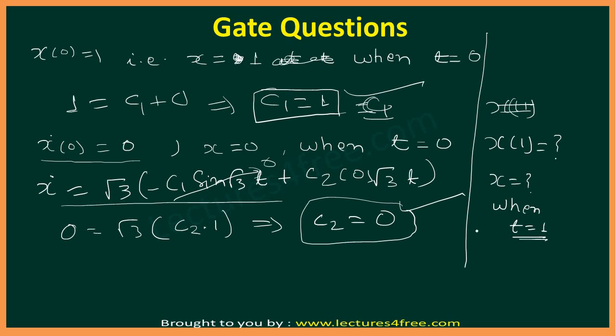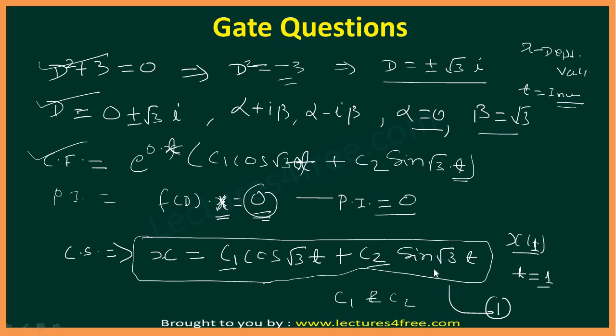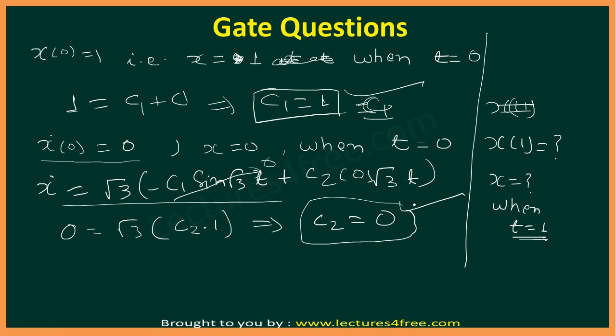To calculate this, let's get the function of x by putting c1 equal to 1 and c2 equal to 0 in our equation number 1. So you will get x is equal to cos root 3t.